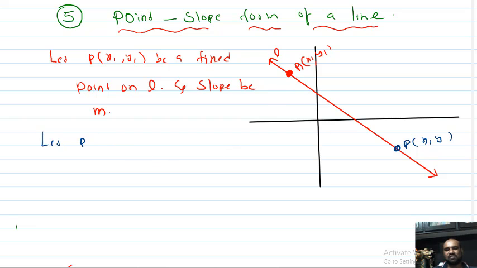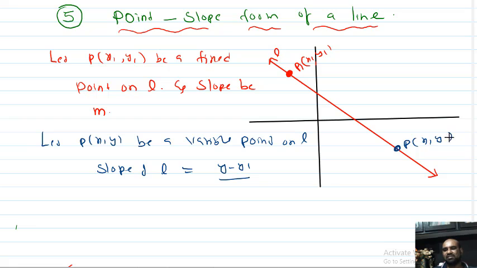Let P(x, y) be a variable point on L. Now the slope of L, this is acting just like (x1, y1) and this is acting just like (x2, y2). For my convenience, no problem.